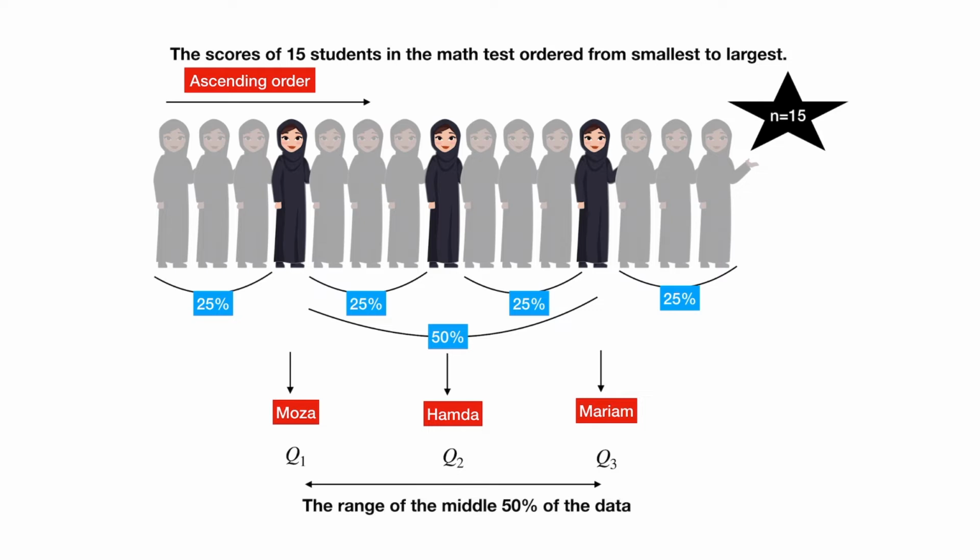The range of this middle 50% of the data is known as the interquartile range, which is IQR, and it has the following formula: IQR equals Q3 minus Q1.